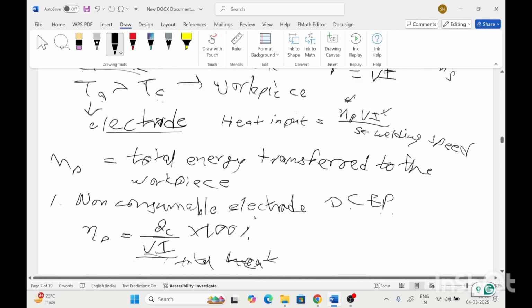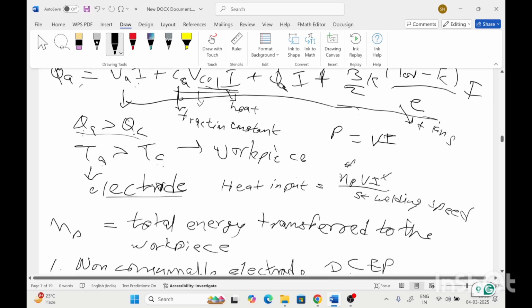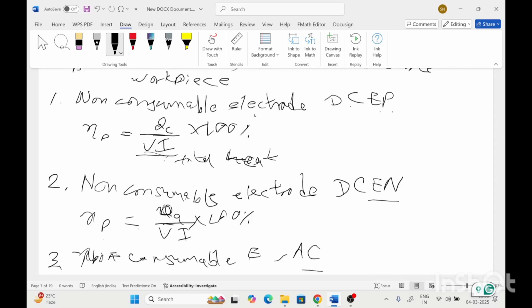From the previous equations, we saw that Qc is less than Qa. So the heat transfer efficiency for this non-consumable electrode in DCEP polarity will be less.